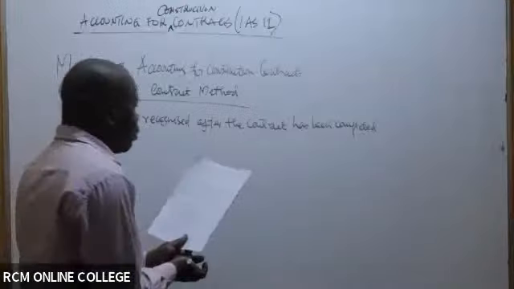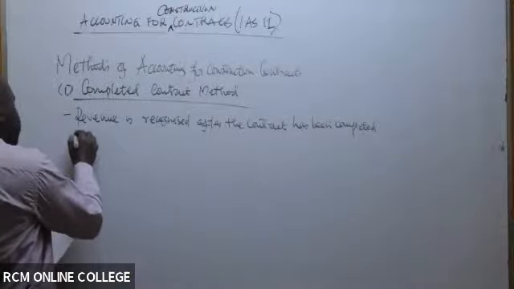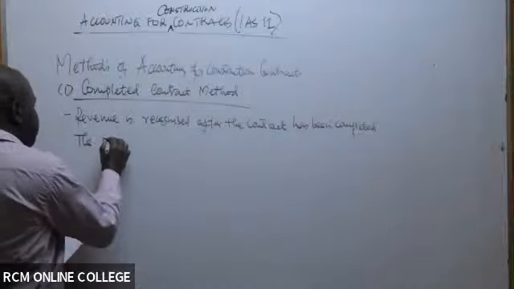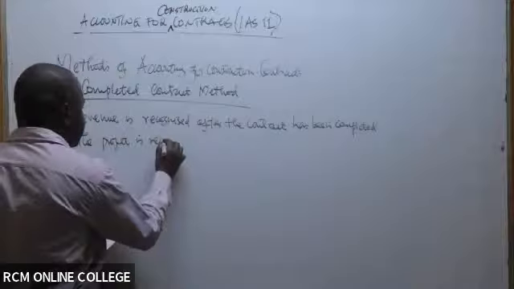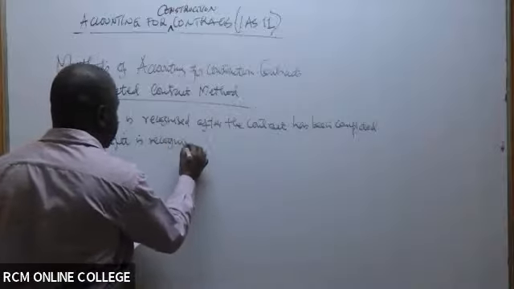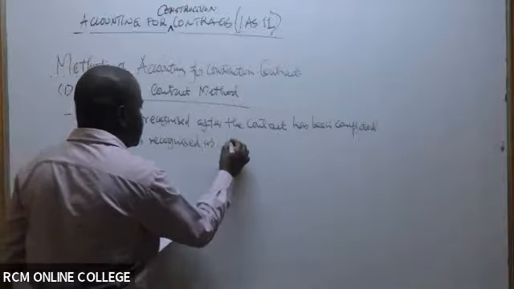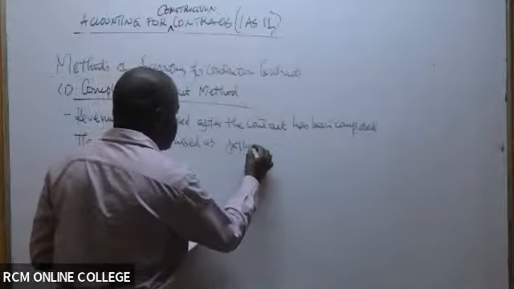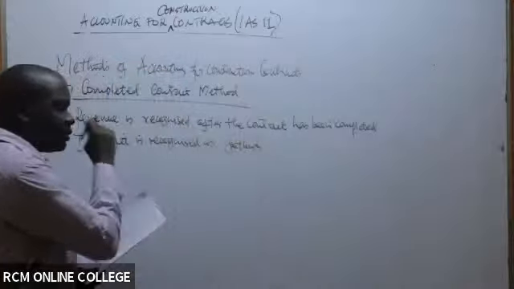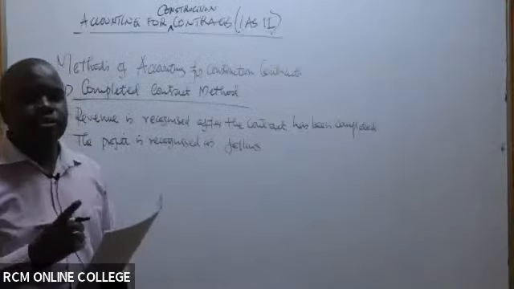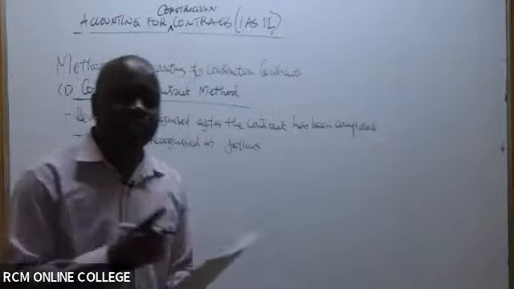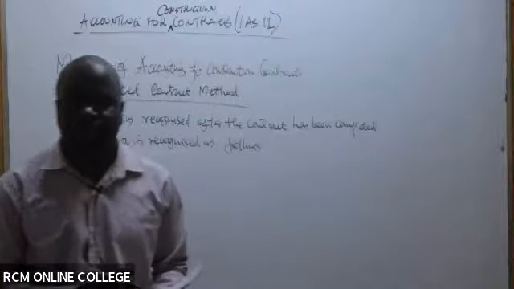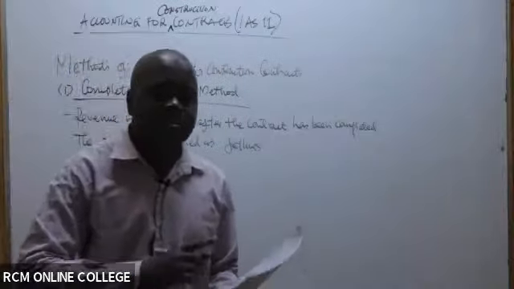So the profit is recognized as follows. So how will you determine the profit? What have we said? The main reason as to why we are looking into accounting for this contract is, number one, for us to know what is the profit I'm making as a contractor, and also what is the work in progress.